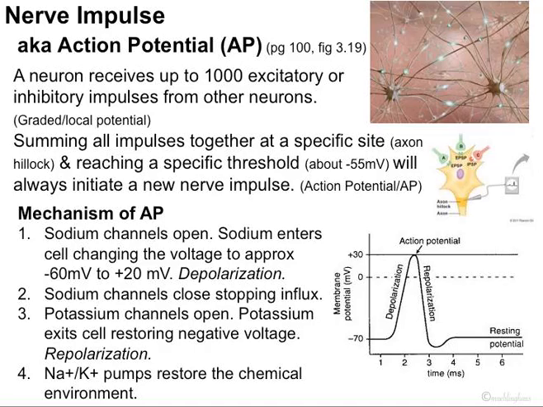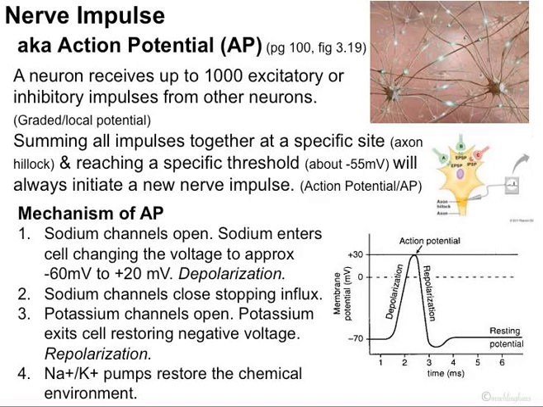A little bit more, because we go a little deeper and more polar, since the potassium channels are slow to close. But the resting membrane potential is reestablished soon after, because sodium potassium pumps are constantly at work.